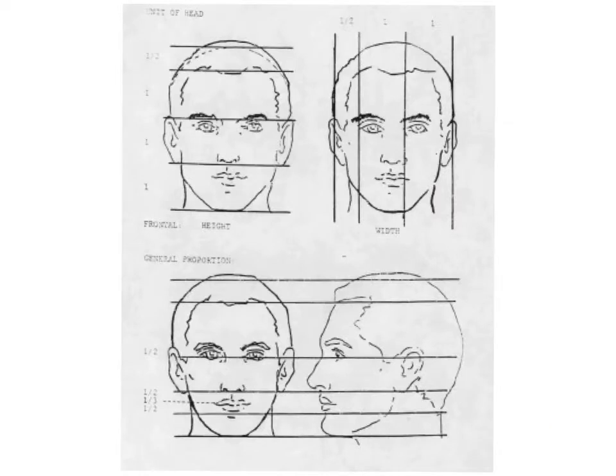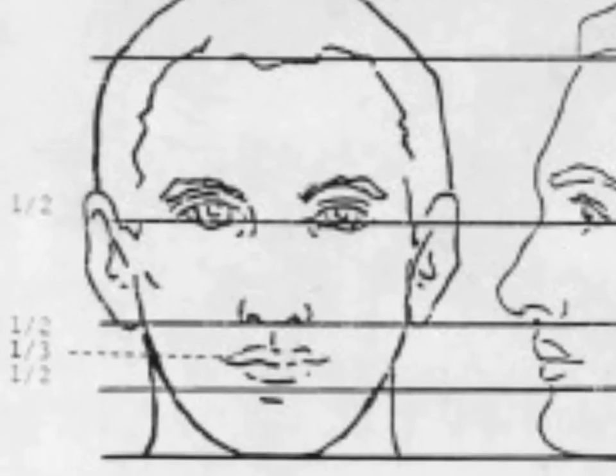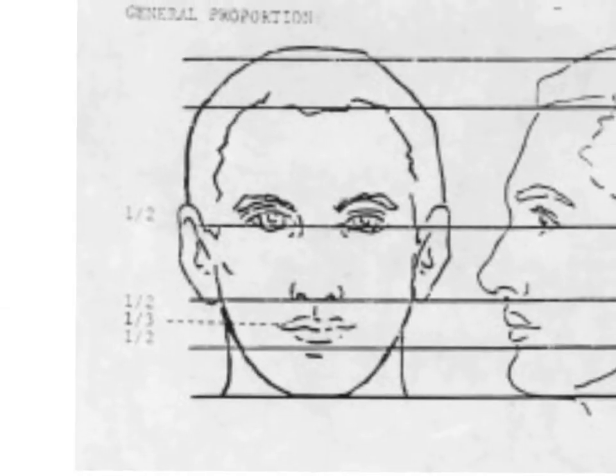So let's look at this picture. Here we've got some standard proportions, and on this one I mostly want to look at this picture down here. We're going to look at vertical relative sizes and shapes, as well as horizontal ones.